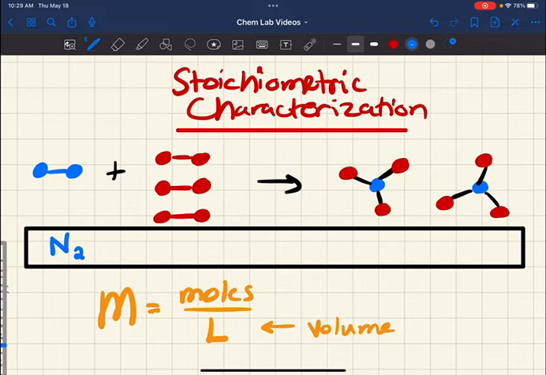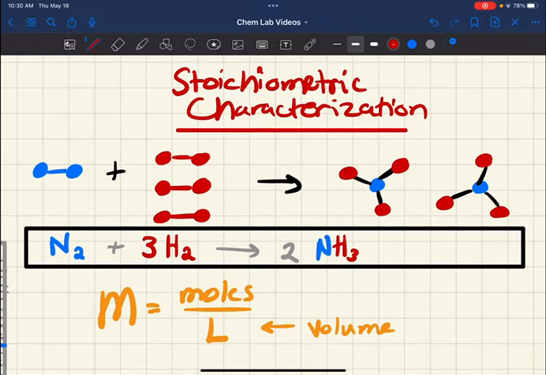So we have an N2 molecule, and it is reacting with 3 H2 molecules, and then forming 2 molecules of ammonia. So I'm going to write out ammonia as NH3. And we have 2 of those molecules because we have 2 nitrogen atoms that can form molecules.